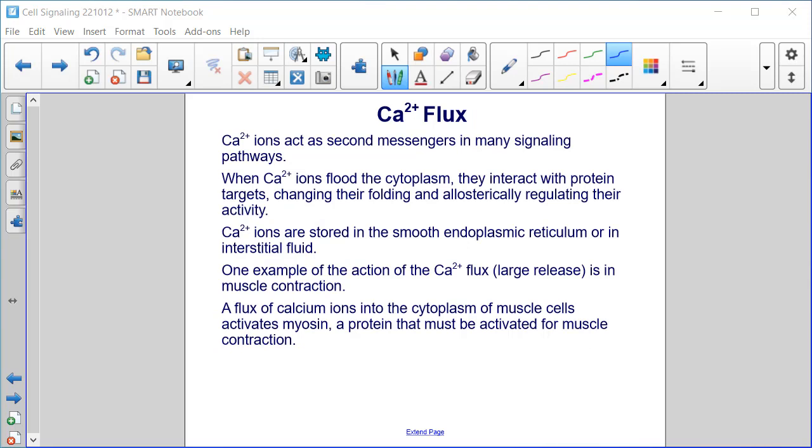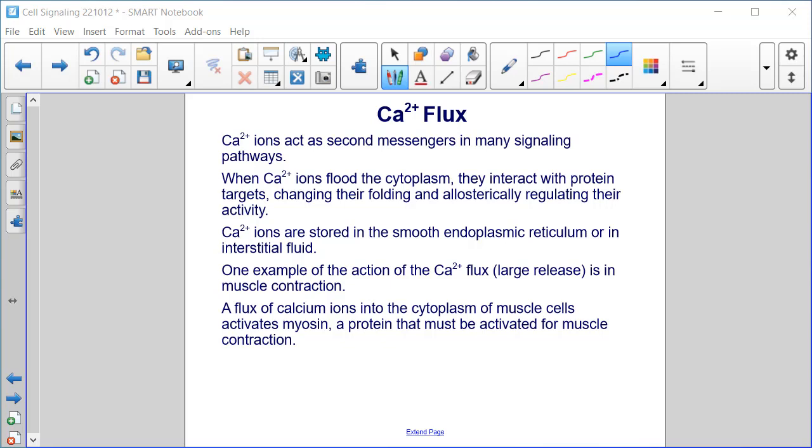Calcium ion flux. Calcium 2+ ions act as second messengers in many signaling pathways. When calcium ions flood the cytoplasm, they interact with protein targets, changing their folding and allosterically regulating their activity. Calcium ions are stored in the smooth endoplasmic reticulum or in interstitial fluid.